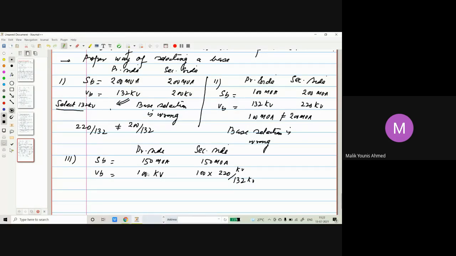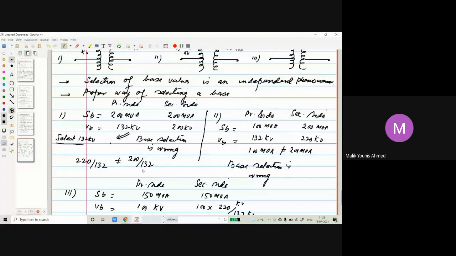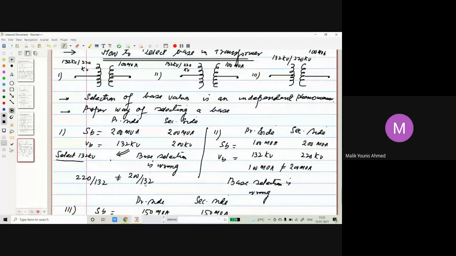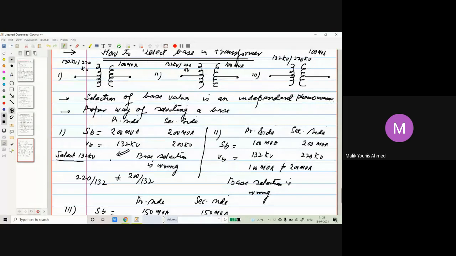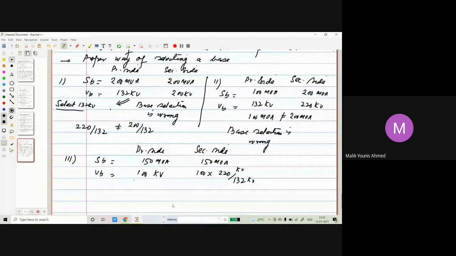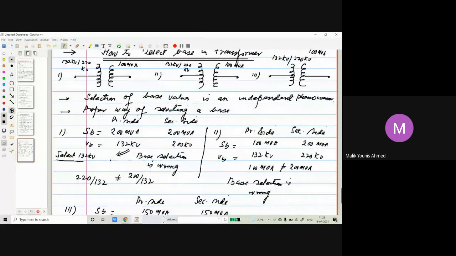So for the third one, when I'm using the voltage base, how do I have to choose? If you have a look at the above transformer, if the base value we are choosing is 100 kV on the primary side of the transformer, the secondary base will be 100 multiplied by the transformation ratio.